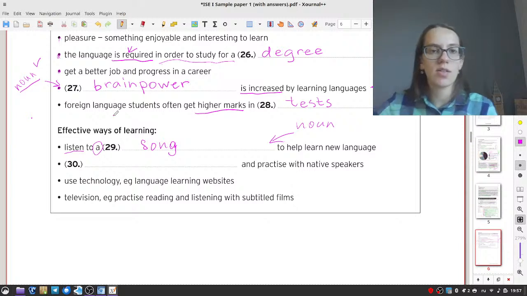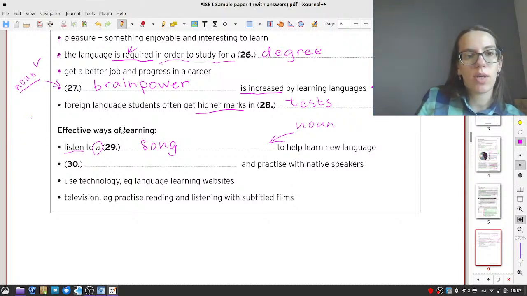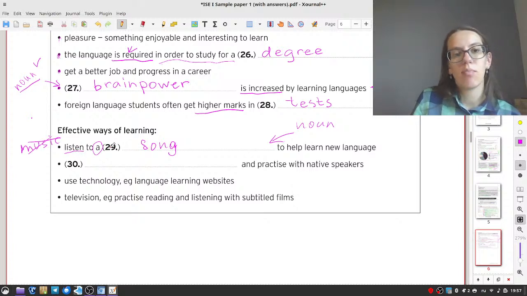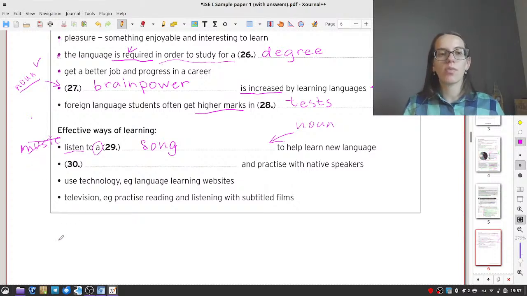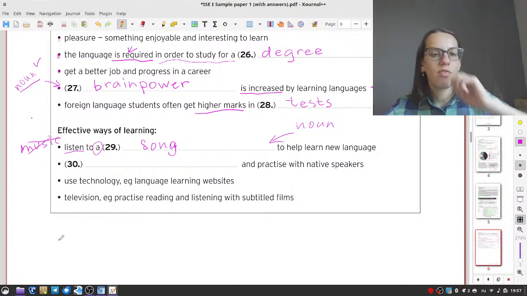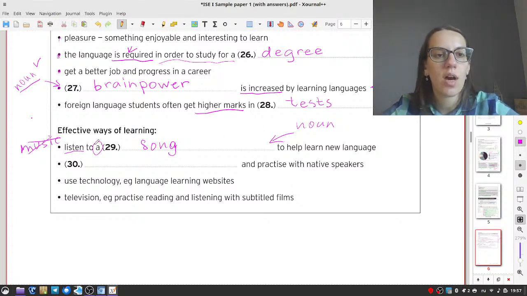It means we can't use the word like music, because it can't be a music. Yeah, well, it has to be one thing. Music, you can't count it. But songs, yes, 1 song, 2 songs, 3 songs. So be very careful and pay attention to the articles, if there is an article. If it's the article a, it has to be something you can count, like a song. Is it a noun? Yes, it's a noun.